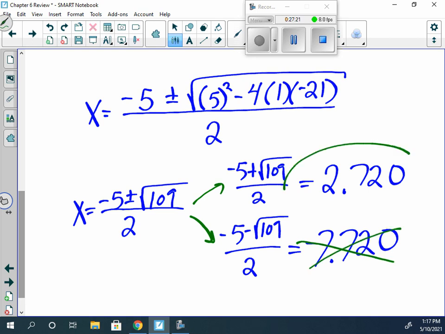This one does not work, but 2.720, if we plug it in and check, it will give us positive numbers. So out of the two here, the one that works is our 2.720. Any questions on this here?